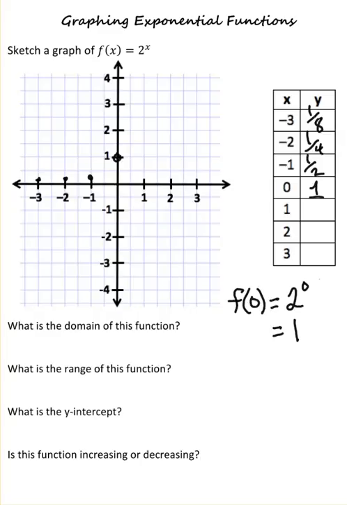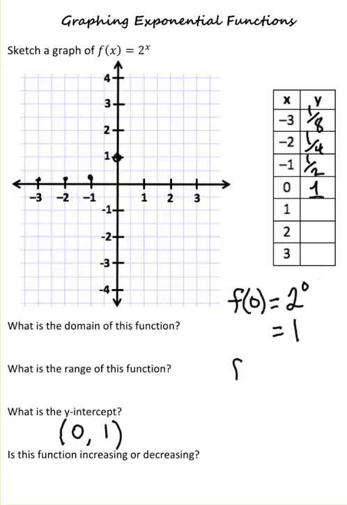I can put that down here as well. The y-intercept will be at 0 for x and 1 for y, and that's actually true of any exponential function as long as it's just a simple base to the power of x. If there's an amplitude or something in there, that'll change it, but if it's just a base to the power of x, anything to the power of 0 will be 1, so a lot of these exponential functions will end up having a y-intercept of 1.